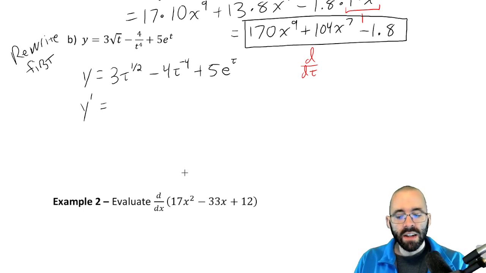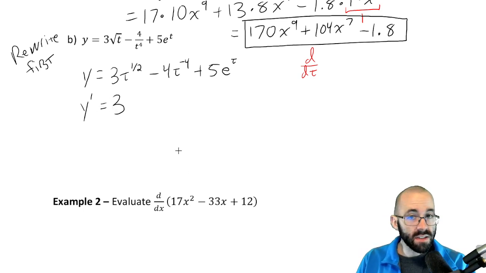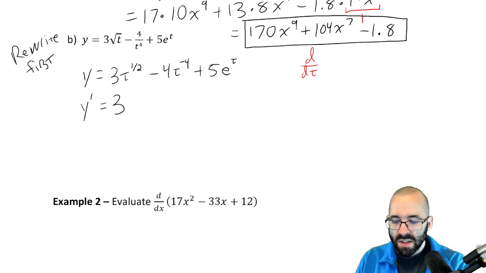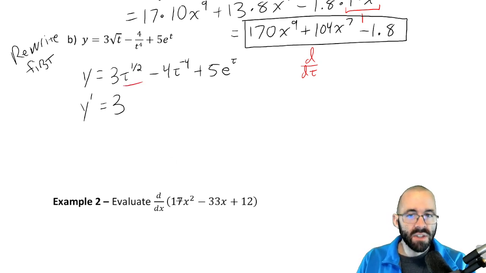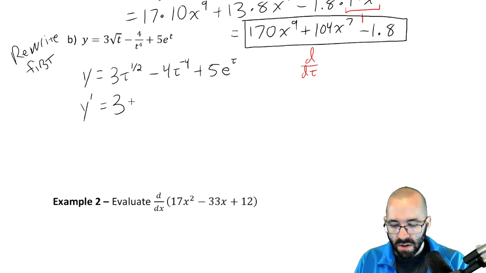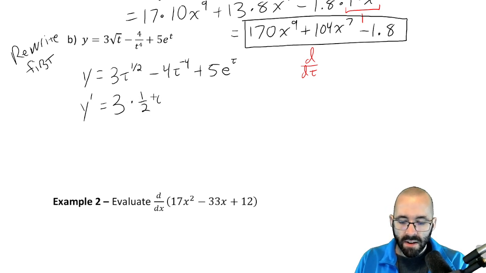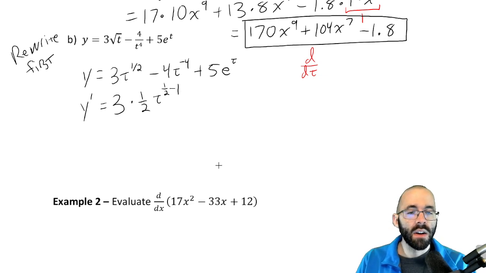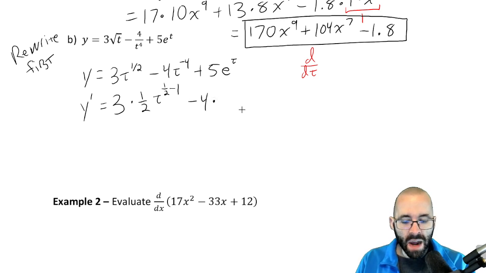So y prime here is 3, constant multiple rule, times what's the derivative of t to the 1/2? We'll use the power rule. 1/2, and we subtract 1 from the exponent. I'll write it all out. The exponent becomes 1 smaller. -4, we use the power rule again.